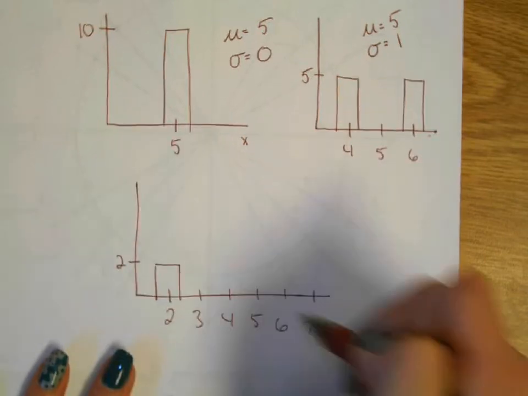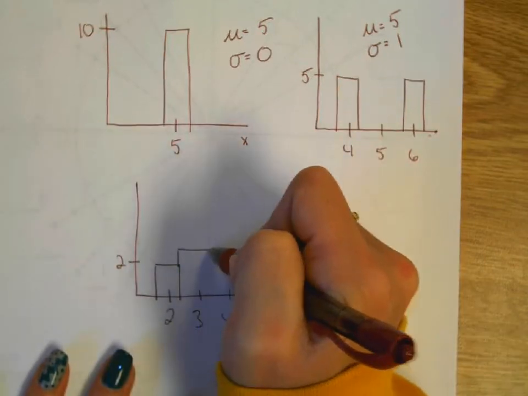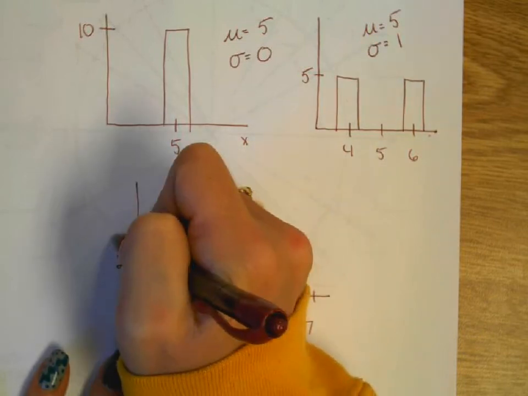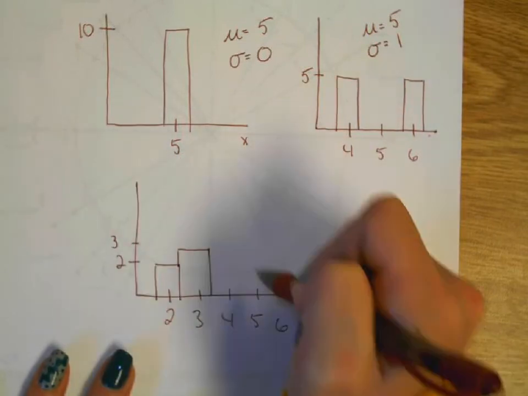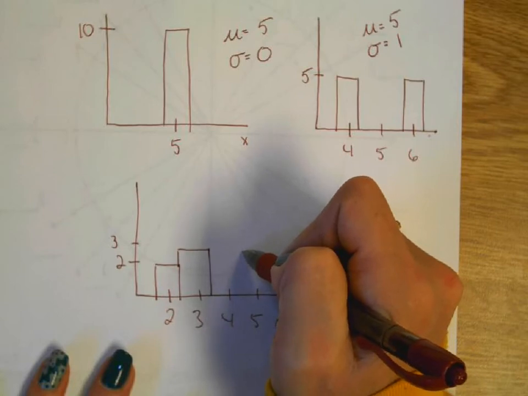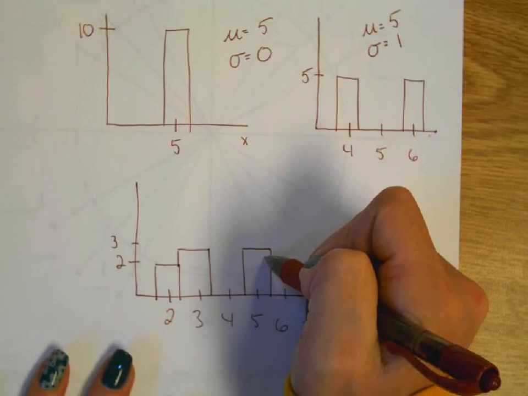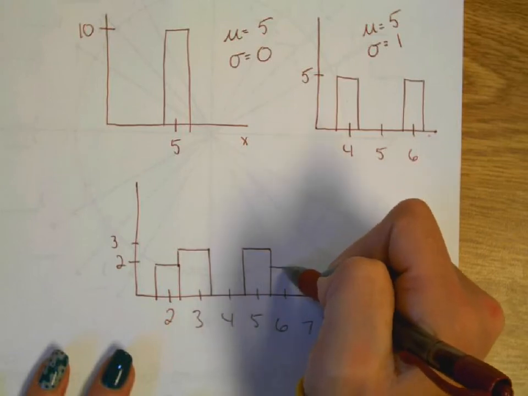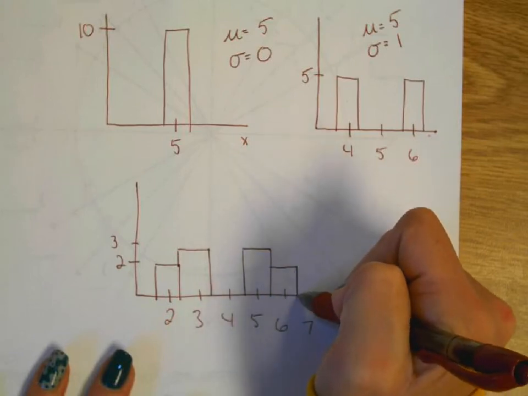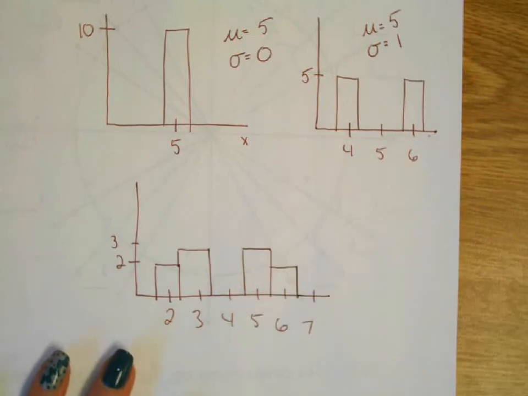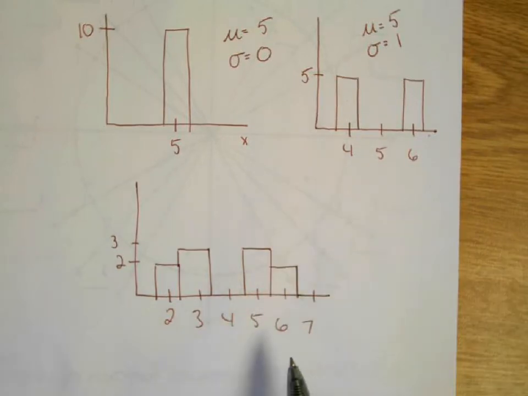I've got 2 2s, 3 3s, 3 5s, and 2 6s. So very symmetrical here. So that's 10 values, and I want to know what's the average.